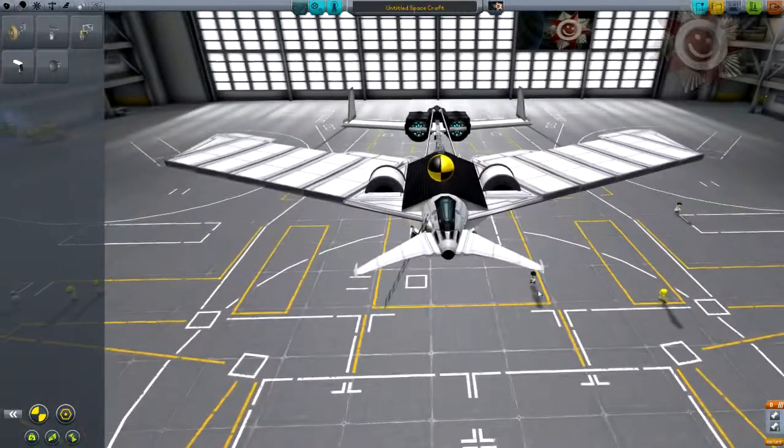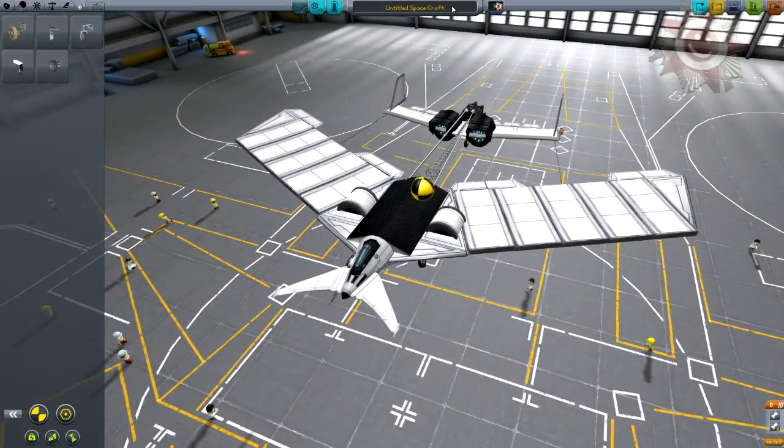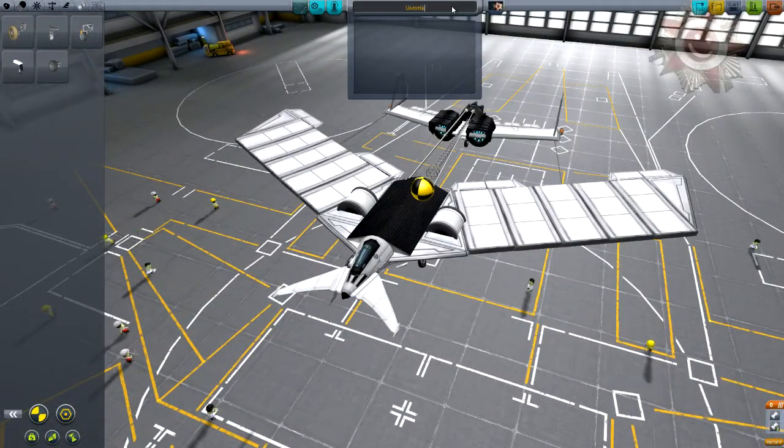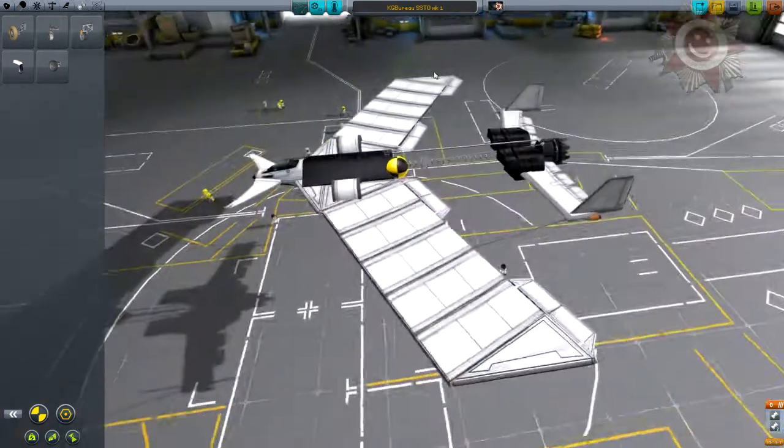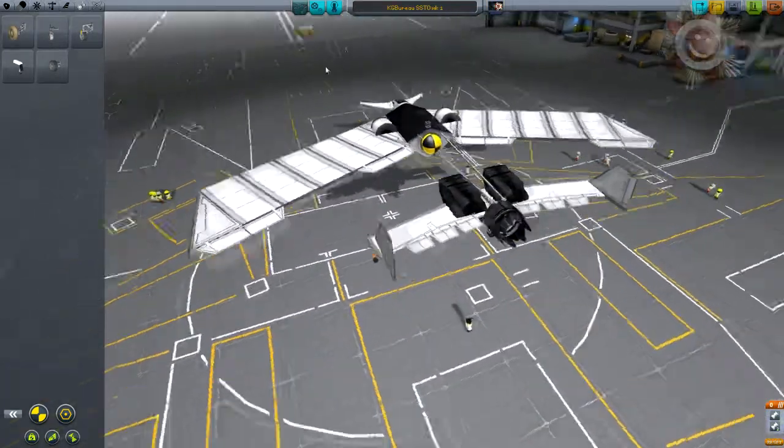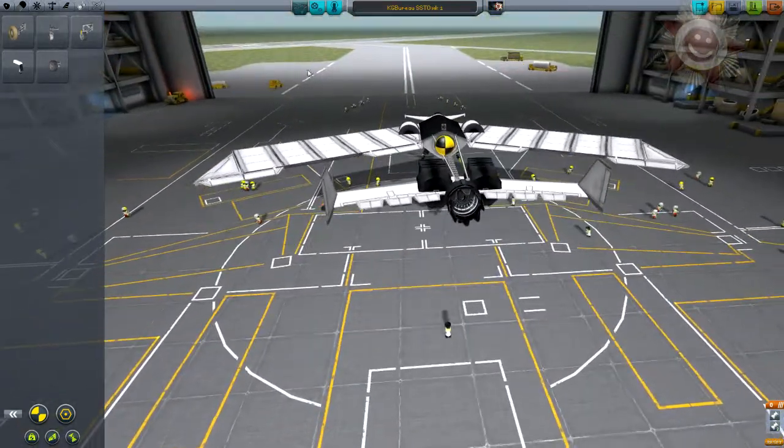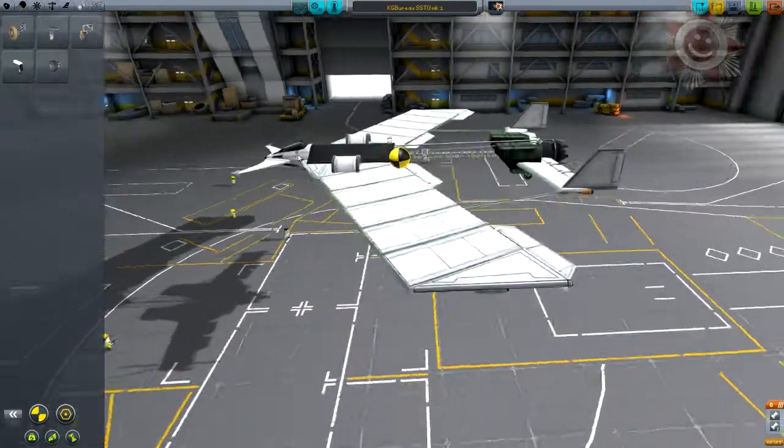But now I think the plane is ready. We can name it KG Burrow Single Stage to Orbit Mark 1. Save it. And one last check.